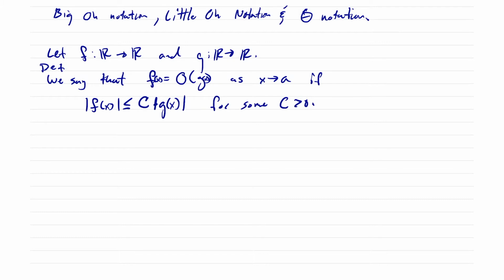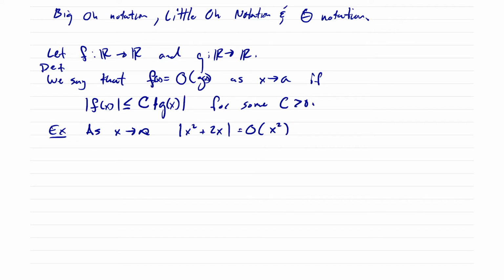So some pretty easy examples. You can see as x goes to infinity, we know that x squared plus 2x is big O of, say, x squared. How do we know that?